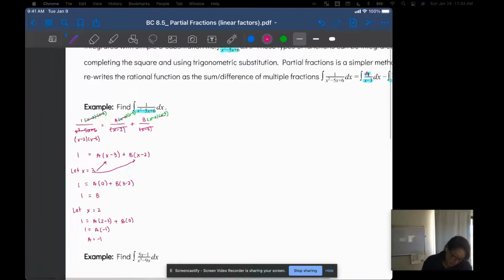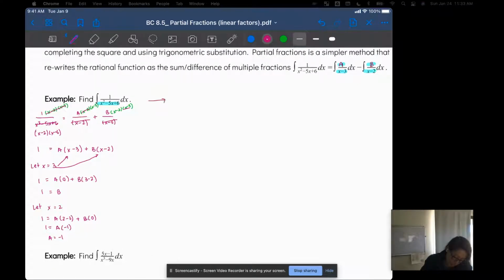All right, let's go ahead and rewrite our integral then. We can rewrite this as the integral of negative 1 over x minus 2 dx. Actually, let's write it as negative 1 over x minus 2 plus 1 over x minus 3 dx.